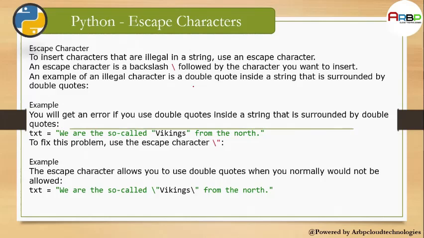You will get an error if you use a double quote inside a string surrounded by double quotes. To fix this problem, we use the escape character, the backslash, to use double quotes where normally it would not be allowed.